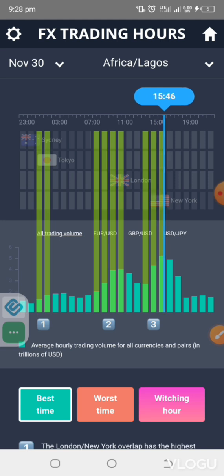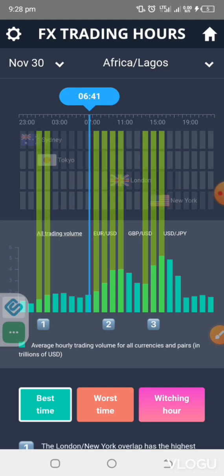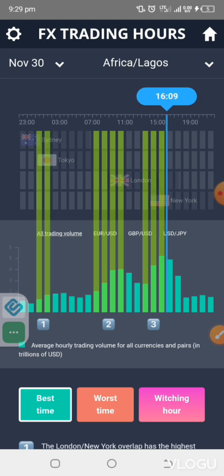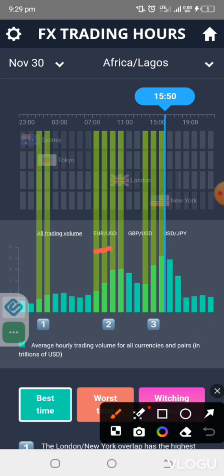Then once it moves to the second bar of the best time, I will resume, and also at the last bar of the best time, which is the London and the New York overlap. So there are two sessions that I really trade: the start of the London session and the London and New York overlap.